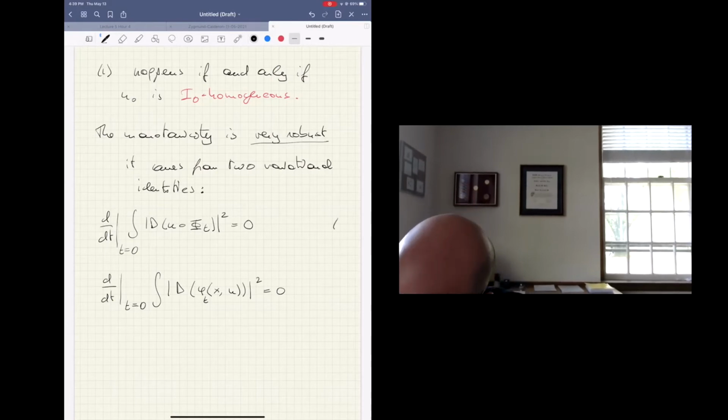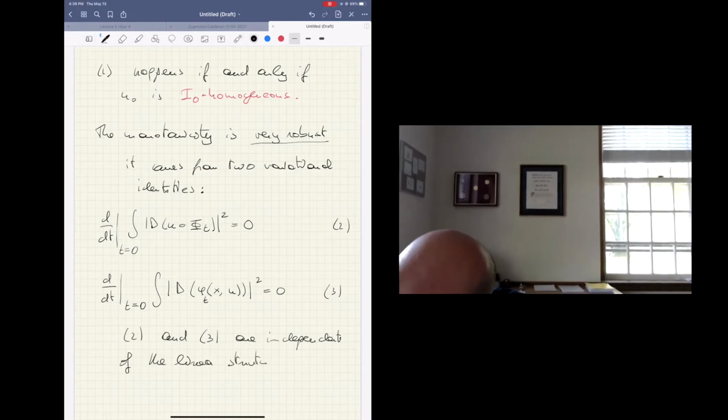Okay, so 2 and 3 are independent of the linear structure of the classical W12 of omega taking values, say, in some R, or in some Rn.